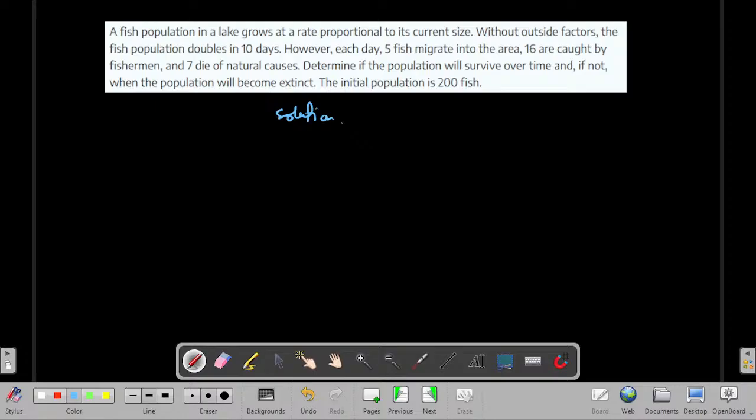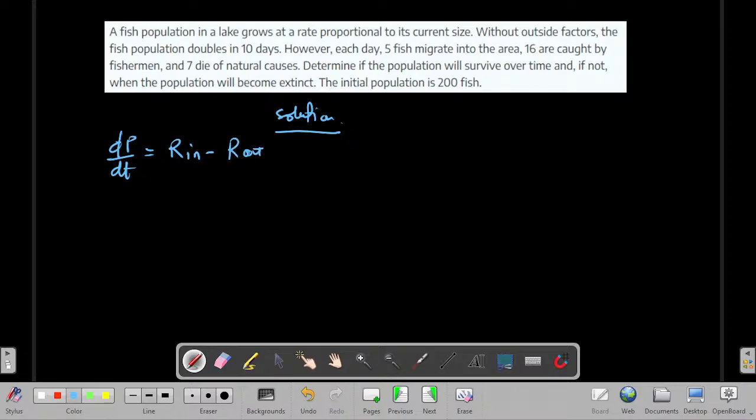So to solve this problem, we first need to write our general model. You realize that for any population, to measure survival or death, the change in population with respect to time, dP/dt, is equal to the quantity of fish coming in minus the quantity of fish going out of the population.